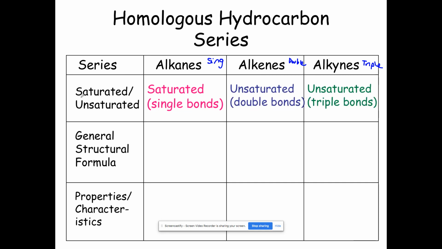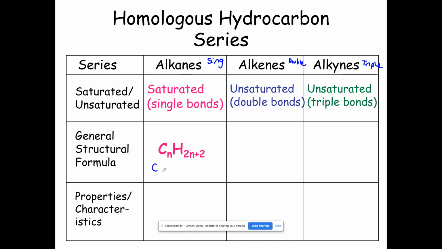A general structural formula. Okay, so because we can have as many carbons as the world is large, we need a generalized way of writing an alkane. So if you look on table Q, the general formula for an alkane is CnH2n plus 2. What is n? Look at the bottom of table Q. n means number of carbon atoms. So for example, let's say I have 5 carbon atoms.